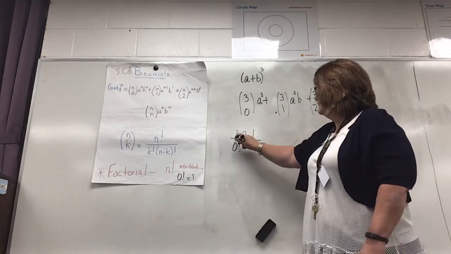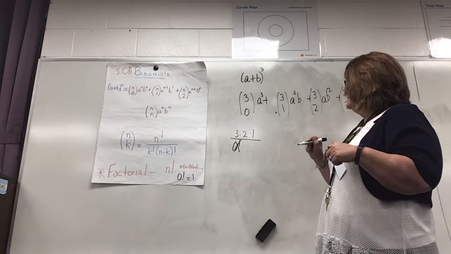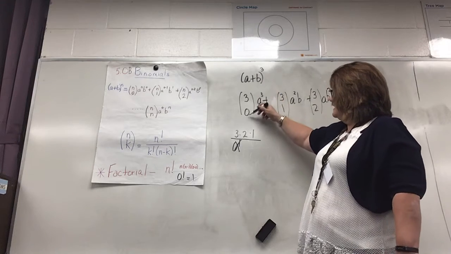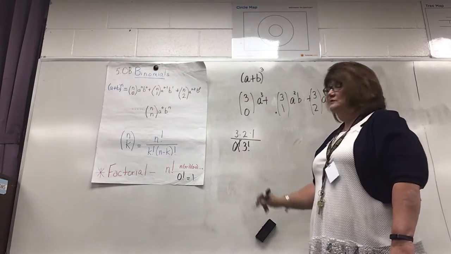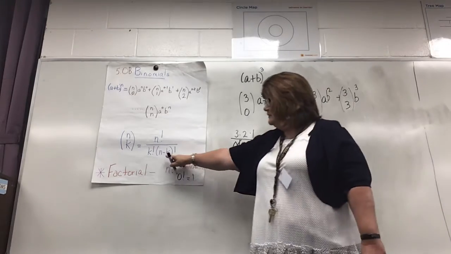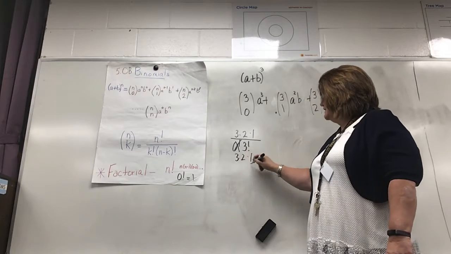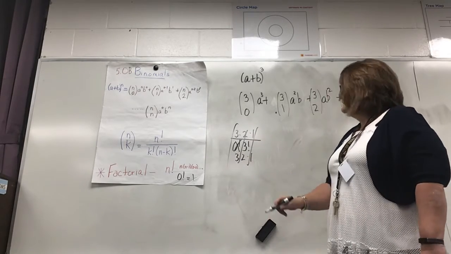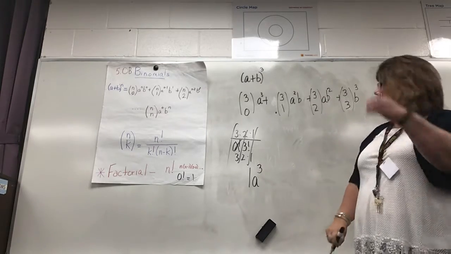So you really don't even have to write it. And then n minus k. So you take the n and you subtract the k, and that's the factorial that would go here, which is 3 factorial. There's our formula. And of course, 3 factorial, we know is 3 times 2 times 1. So they're all going to cancel. So we know that the first one is always going to be that 1a cubed.